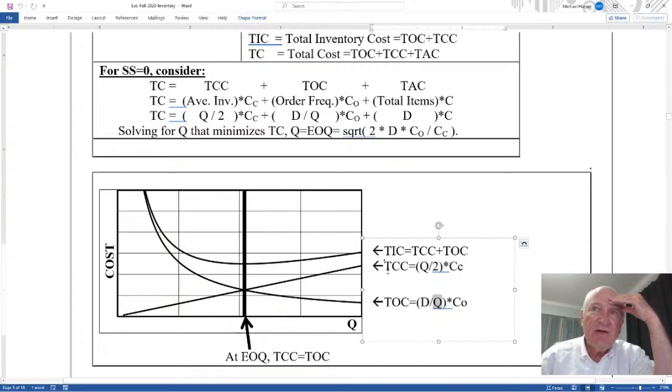If this is $500, the total carrying cost is $500, and the Q here is 100, then what's my unit carrying cost? Well, if this is 500, if this is 100, 100 over 2 is 50. 50 into 500 is what? 10? So my carrying cost is $10 per item per year.